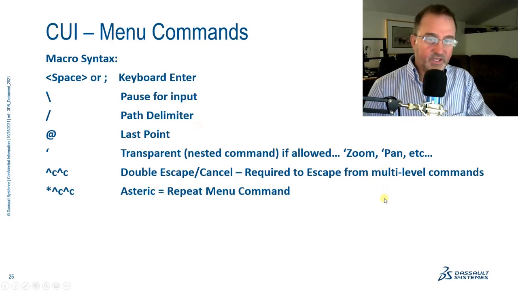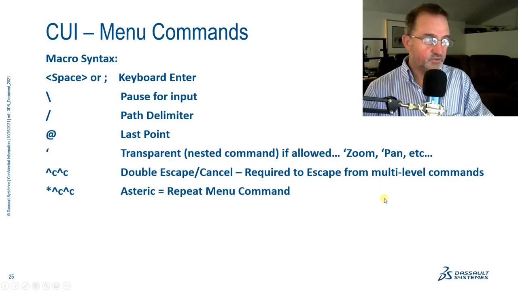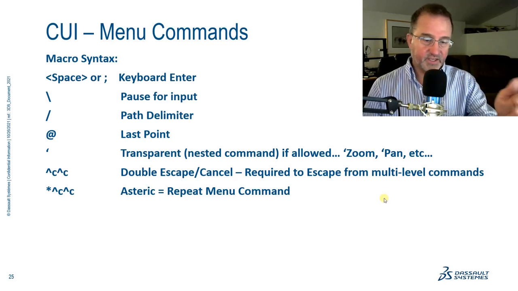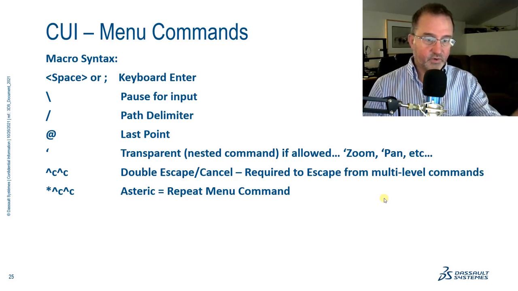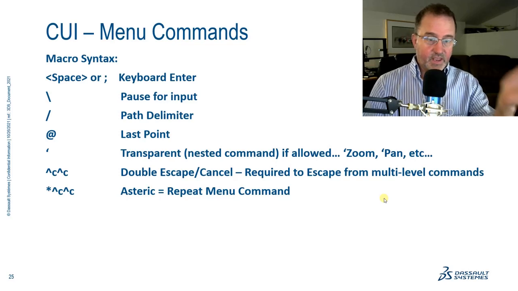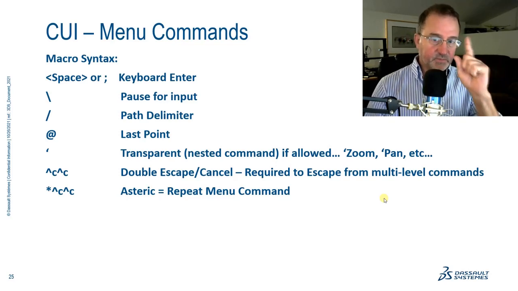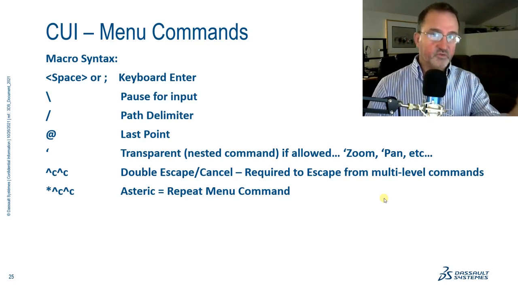Now, one of the limitations to menu macros, as you might imagine, is the pause for user input is very specific. If I try to run a command like a move and I want to select a specific number of items, I'm not able to do that, because pause only lets me pick one time and then it moves on.